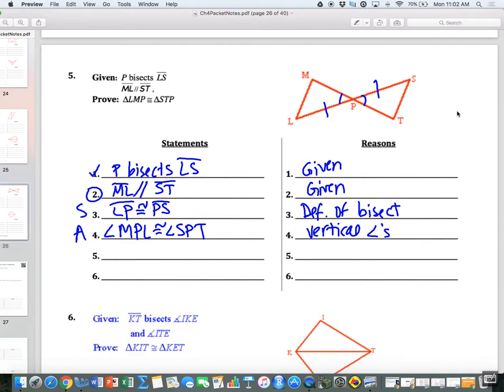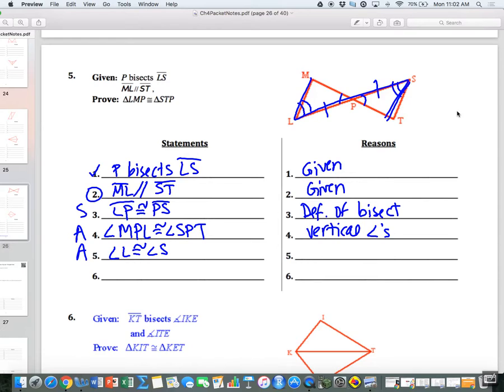So what were we supposed to gather from the parallel lines? That angle L is congruent to angle S. If you look for the Z, that angle is congruent to that one.